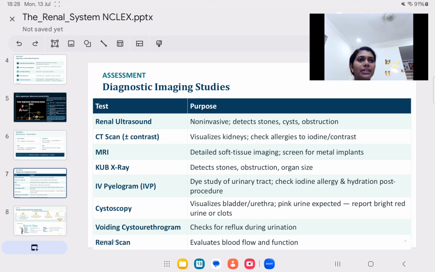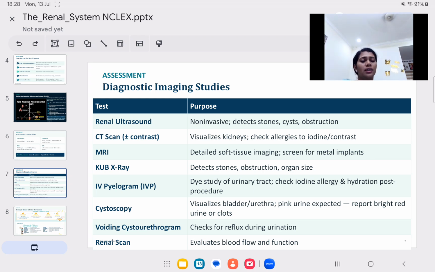Afterwards, we should instruct the patient to drink plenty of fluids, because the contrast is eliminated only through urine. We need to instruct the patient to drink plenty of fluids to flush the contrast out of our body. Otherwise, it is a toxic substance.